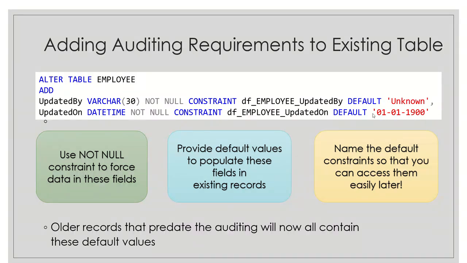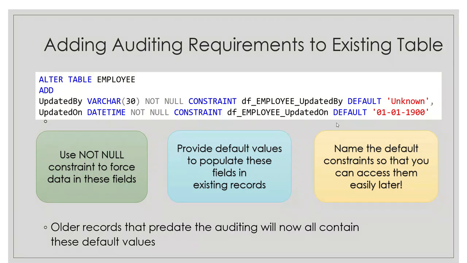Now, why would we want to default to a date that doesn't make sense when we could just default to the current date and time? Well, the reason for that is because if for some reason we have an unknown user providing an update, we don't want the updated on to show data that is incorrect.